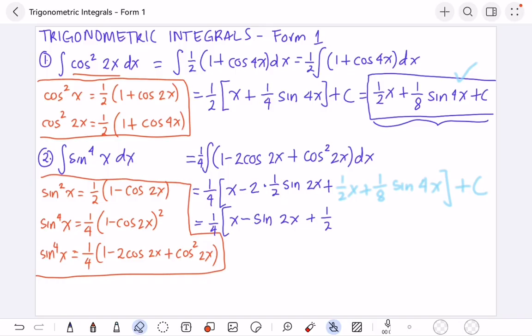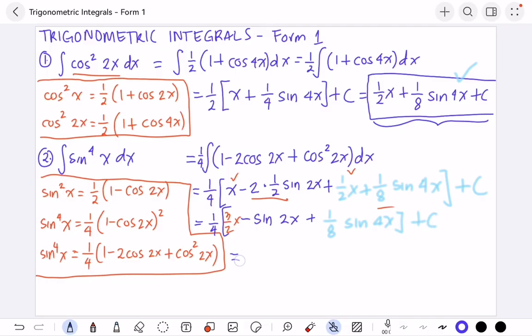Oh wait, you can actually combine x and 1/2 x, and that will give us 3/2 x. This one is already sine 2x, and copy the remaining, which is 1/8 sine of 4x plus c.